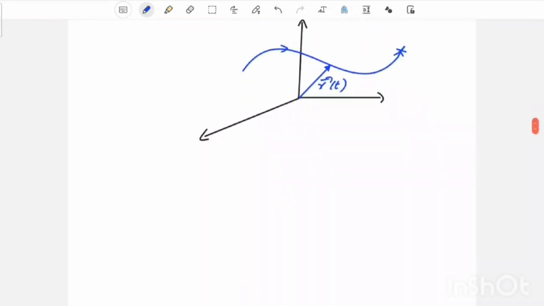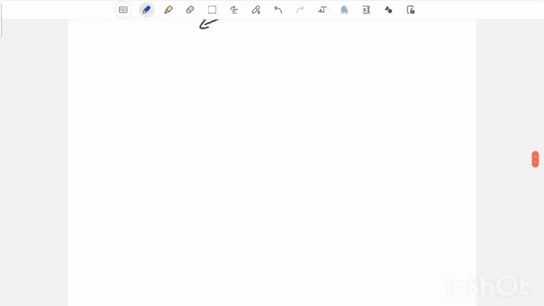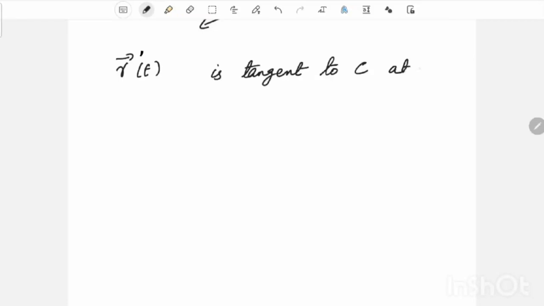From the previous discussions we know that the vector r dash of t is tangent to C at P and modulus of vector r dash of t is equal to ds by dt.